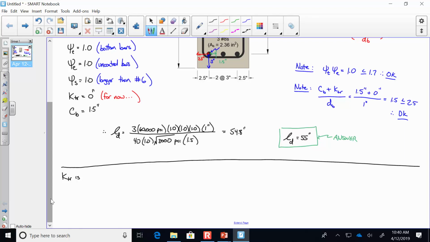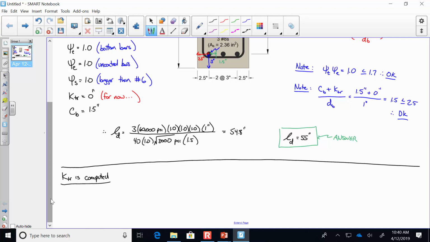Is that the length of the bar? No, that's a good question. Are you talking about K_tr or L_d? L_d. The nice thing about the L_d computation is it's completely independent of the loads.